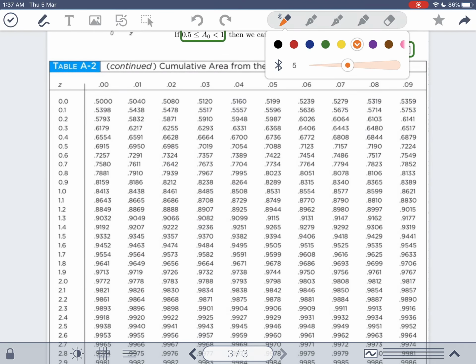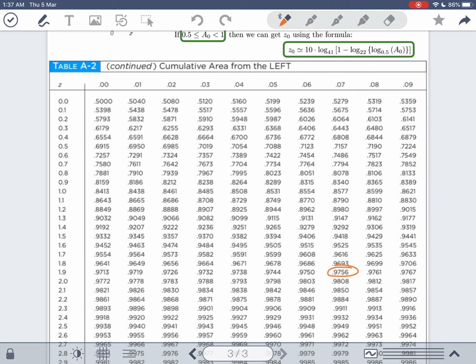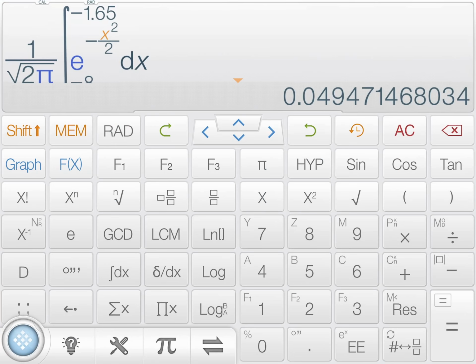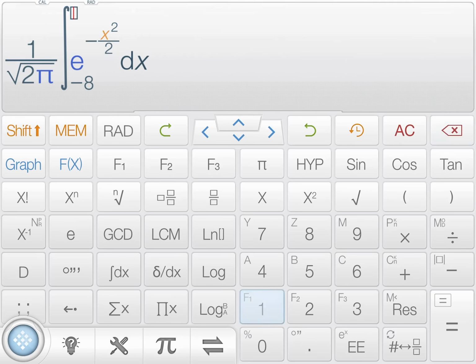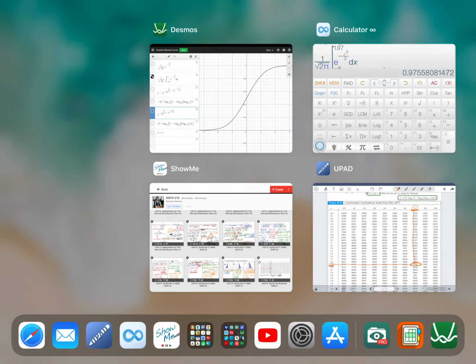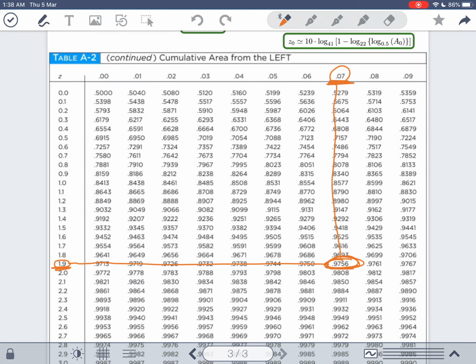Let's choose this number here. This number is coming from 1.97. So let's put Z. Remember, in this formula we have the Z, this number here, and we want to find the number here. So let's check. If we put 1.97 in here and hit equal, 0.9756.